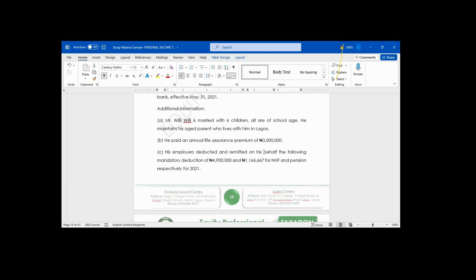Assuming they tell us that this is the pension paid by Zenith Bank, this is the pension paid by Carbon Bank, we can prorate. Do you understand? Yes, sir.